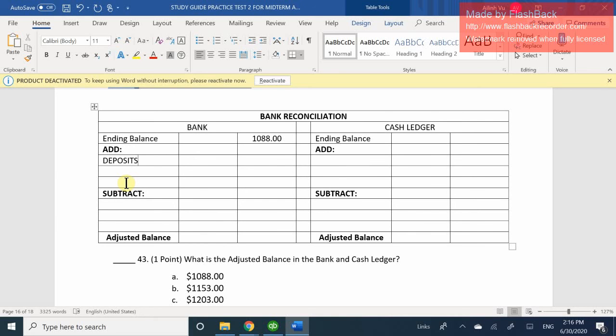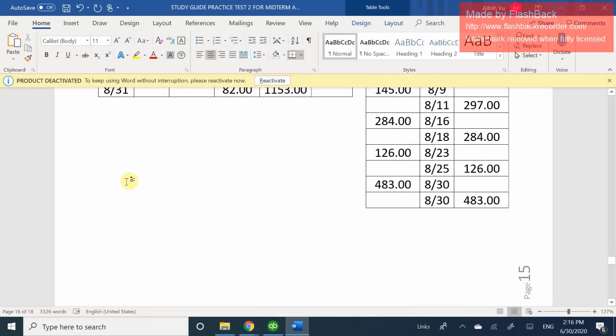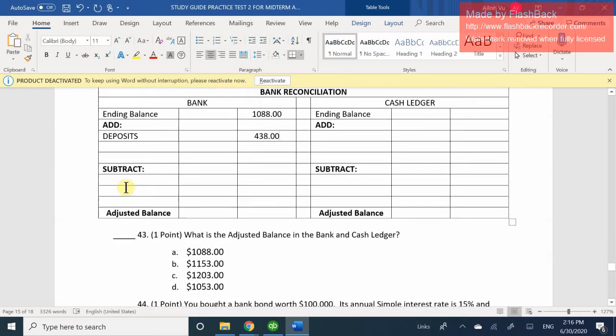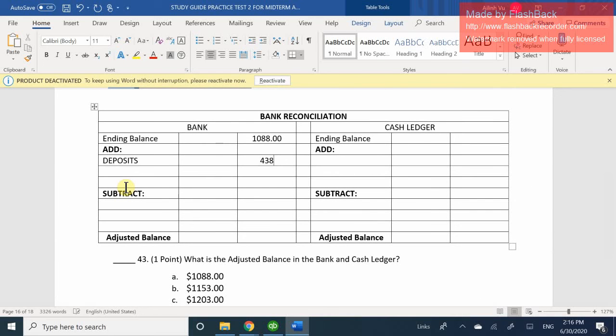For how much? 483. Okay. We've already calculated our deposits: we have exactly 4, and 1 missing, so we're done with our deposits here.